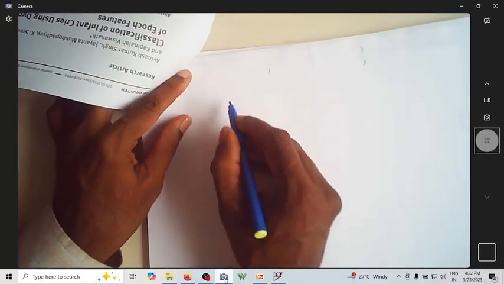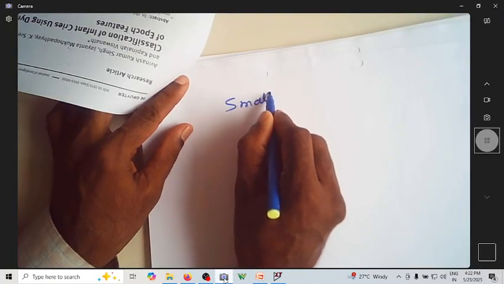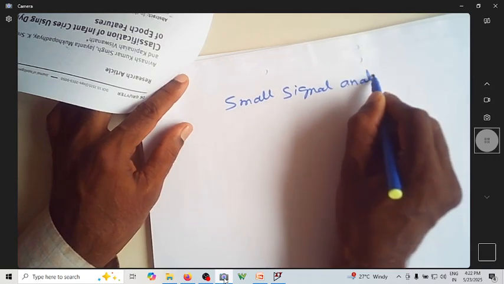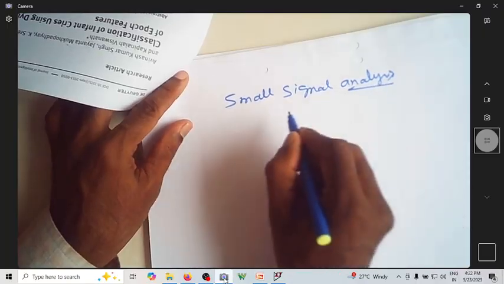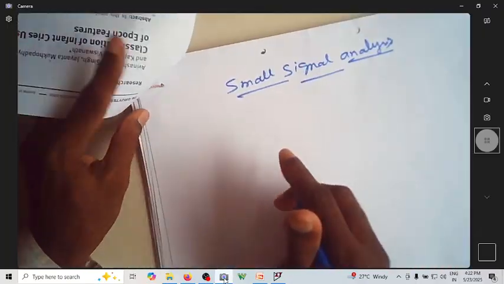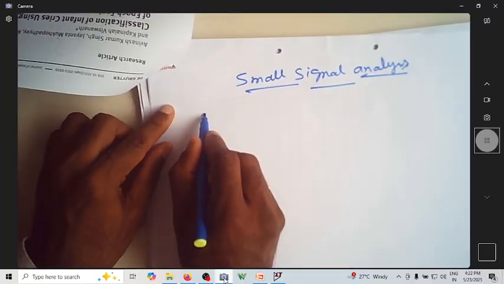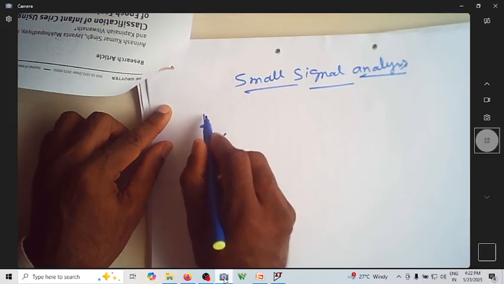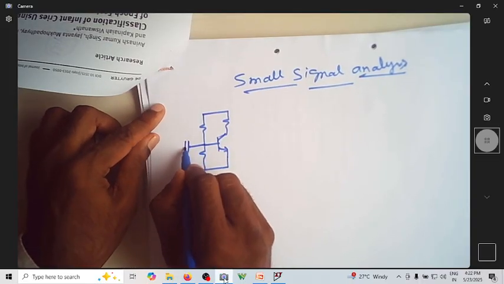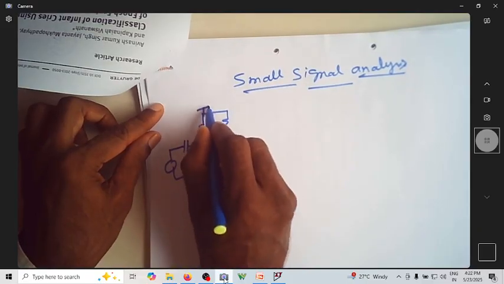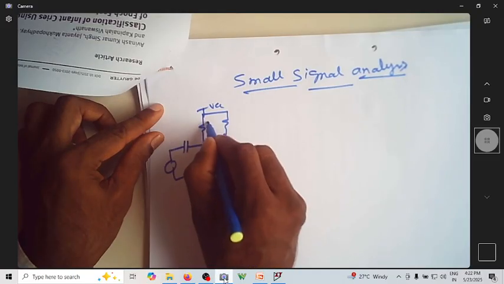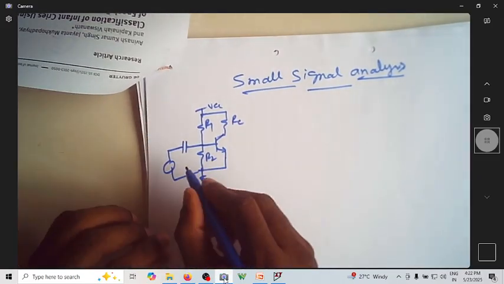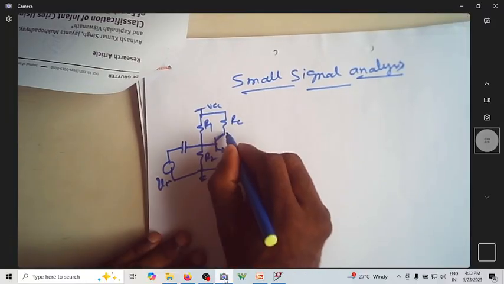For small signal analysis, I will rewrite the same circuit. This is VCC, this is ground, this is R1, R2, RC. This is V in, and this is your V out.